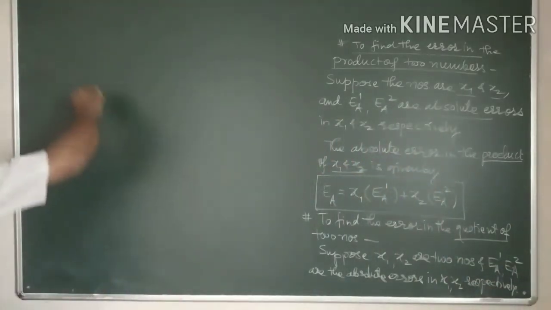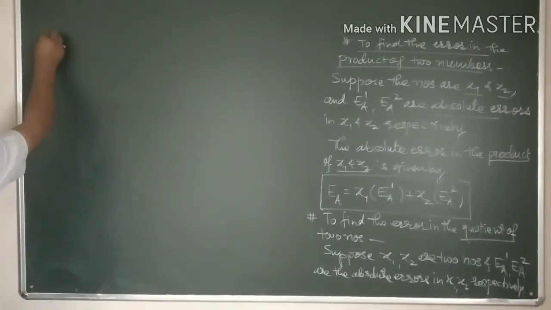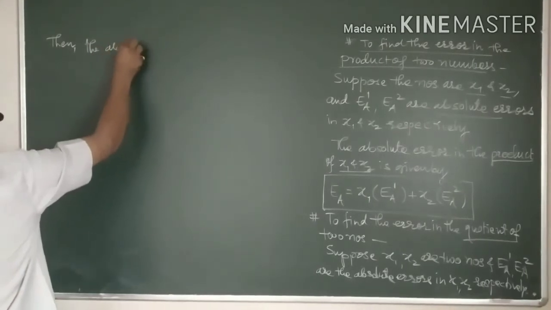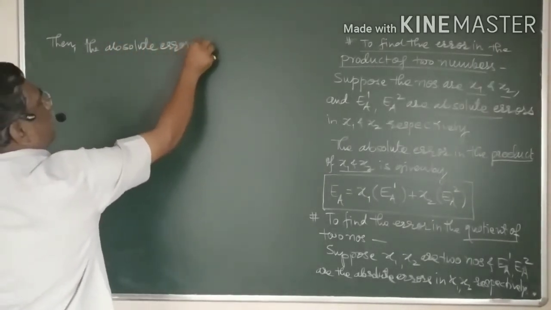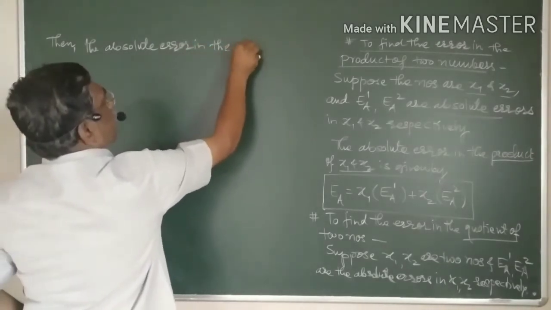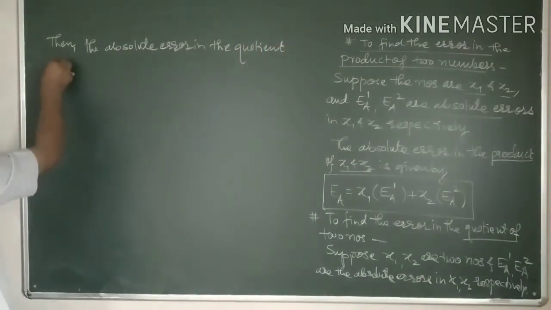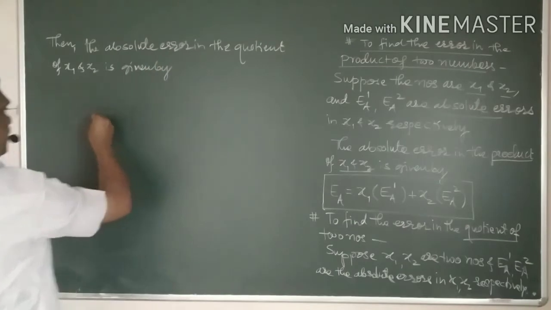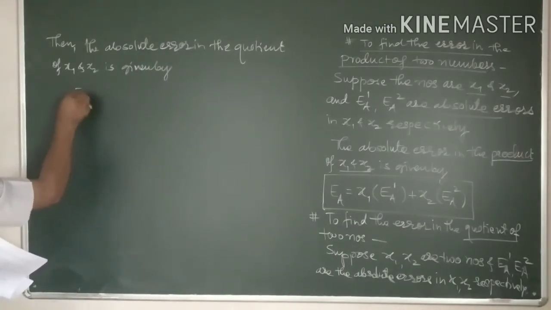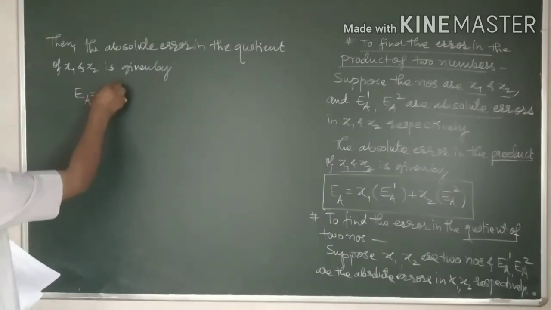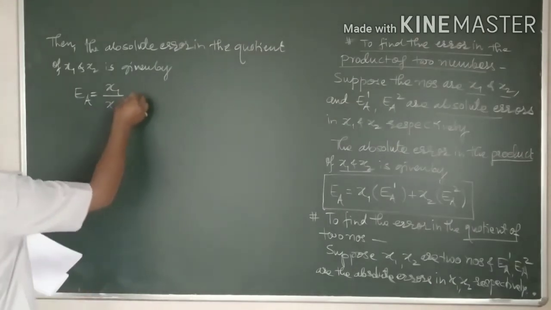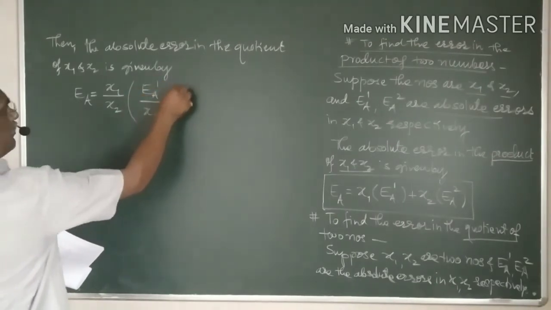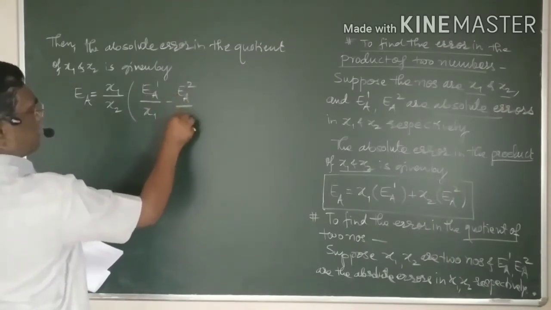Then the absolute error in the quotient of x1 and x2 is given by, say, EA is equal to x1 upon x2 into brackets EA1 upon x1 minus EA2 upon x2.